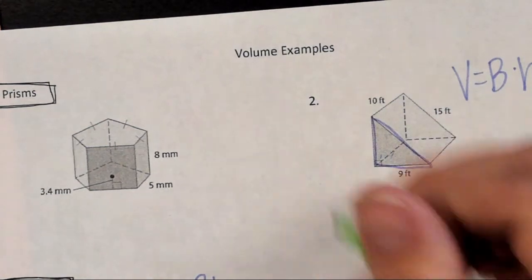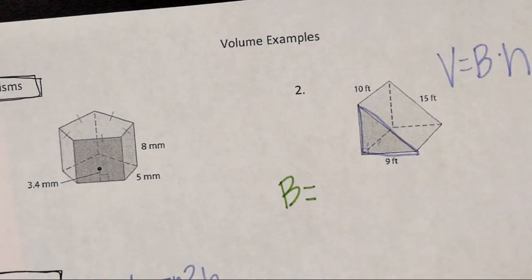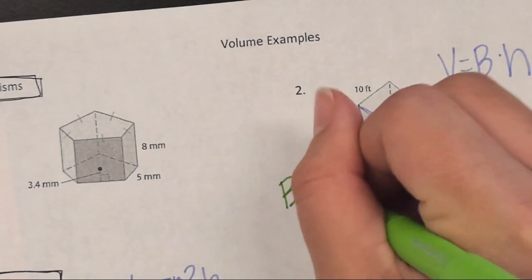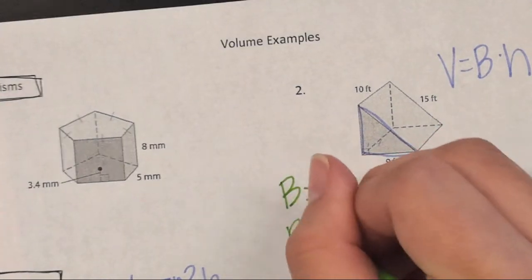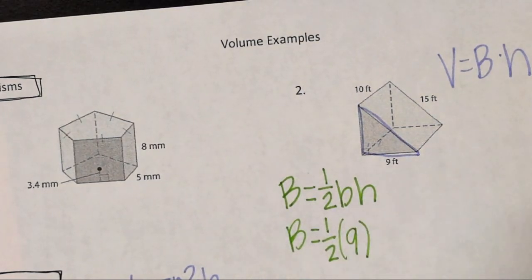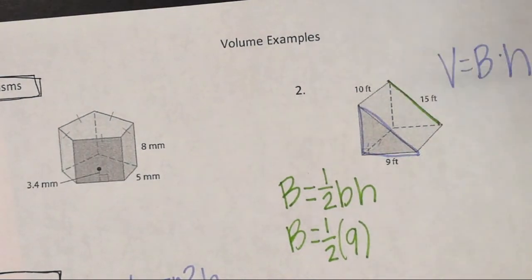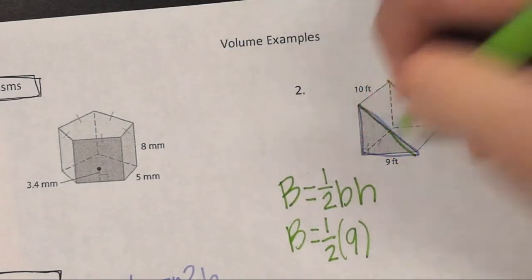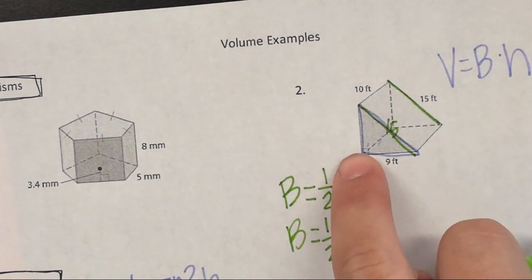So first, to find the area of the base, what's the area of a triangle? What's the formula? 1/2 little b times height. Okay, be careful. I have the base, right? 9's the base. But I don't have the height. What I do know is that if this is 15, so is this. So that's 15, and that's 9, and this has to be a 90-degree angle.